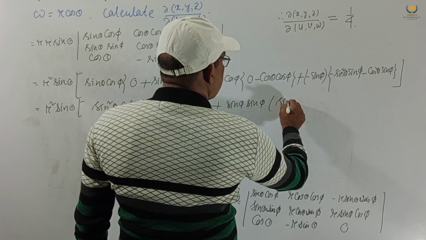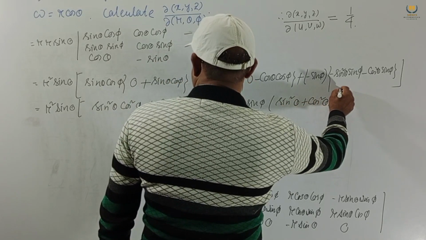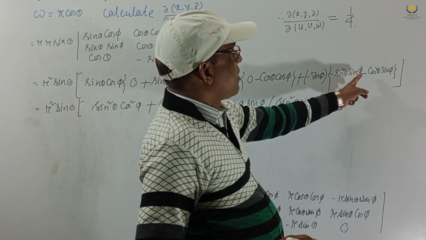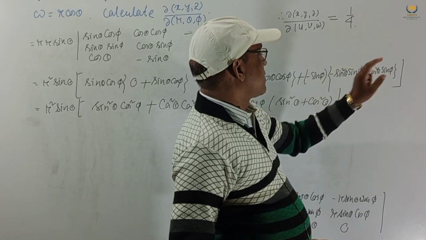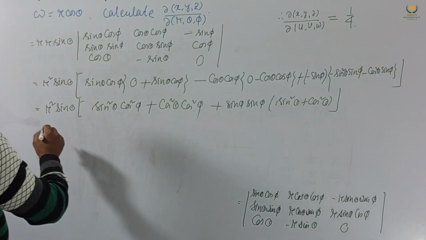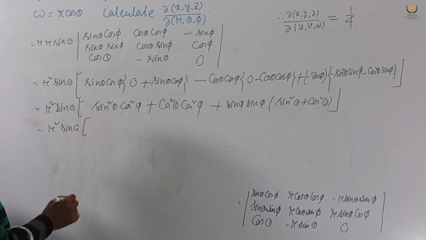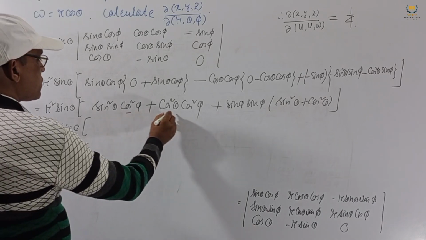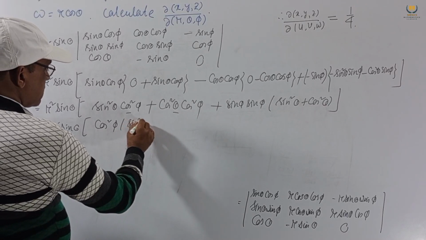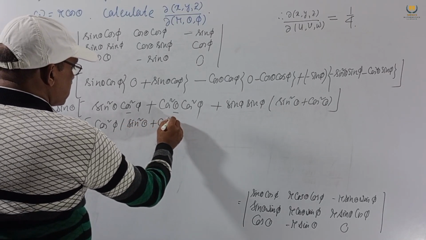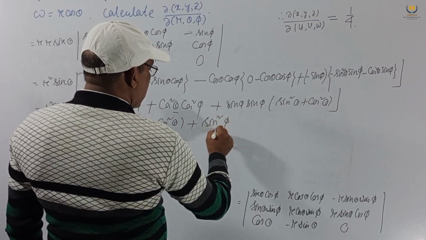We get sin square theta plus cos square theta. Here from these two cos square phi common, we get sin square theta plus cos square theta, which is 1, and here we get sin square phi.